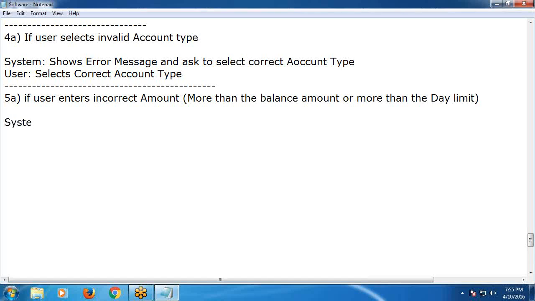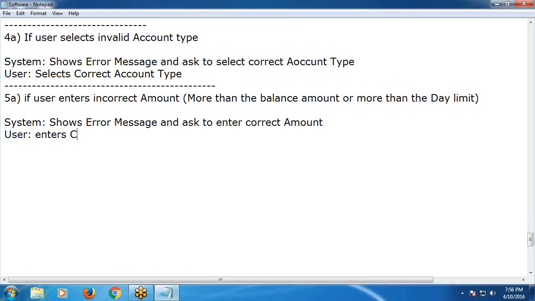Then system should show appropriate error message and ask to enter correct or valid amount. Next, user enters correct amount.